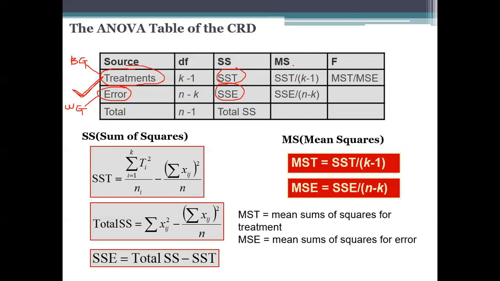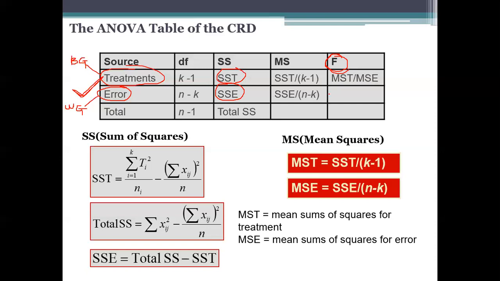The mean square for treatment is SST divided by K minus 1, and the mean square for error or within group is SSE divided by N minus K. And the final important part is the test statistic of F, which is MSC divided by MSE.